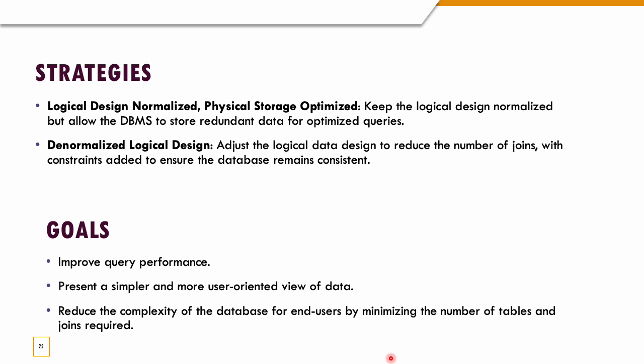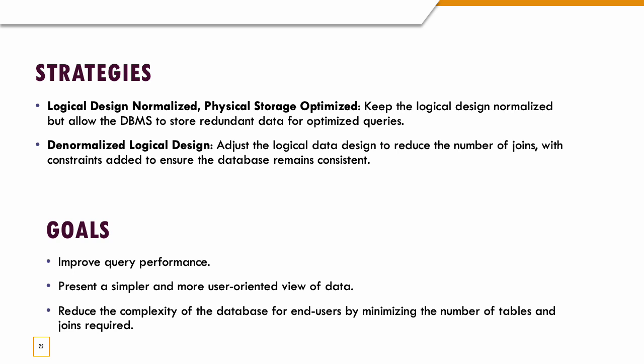And the last goal is about reducing the complexity of the database for end users. Minimizing the number of tables and joins required can simplify the database interactions for end users, making data retrieval more straightforward and faster for applications and reports.